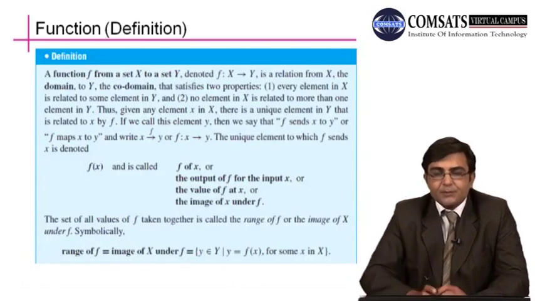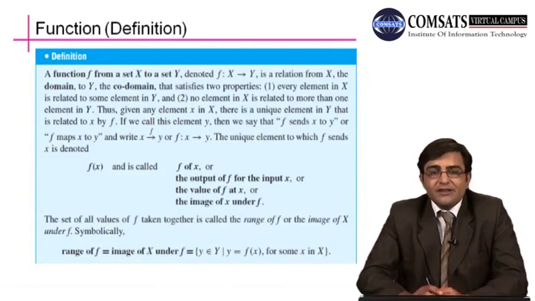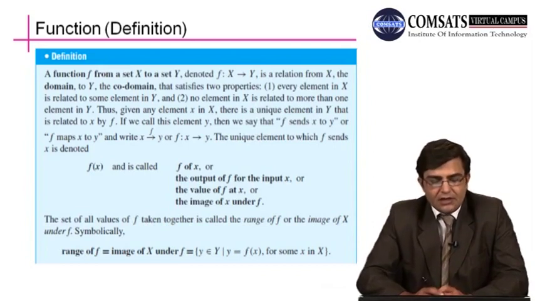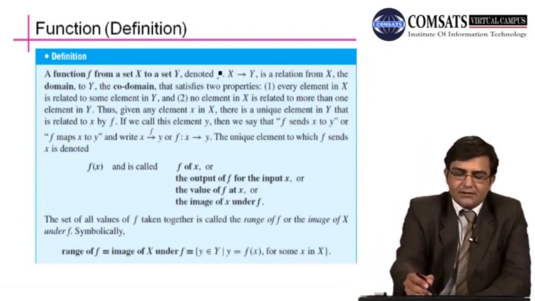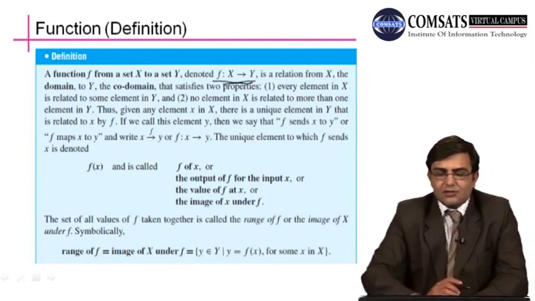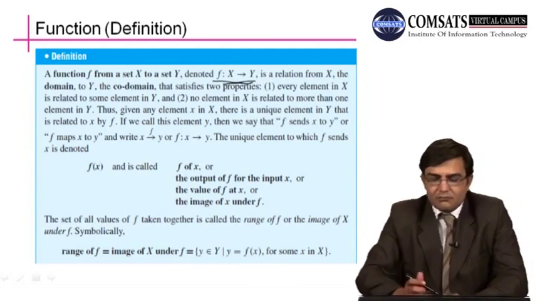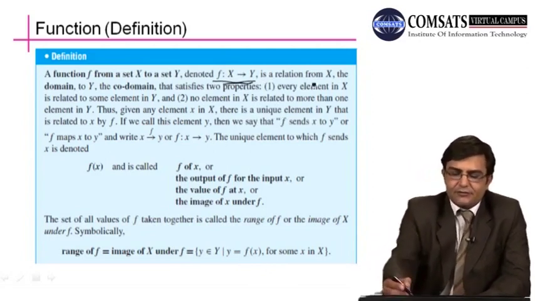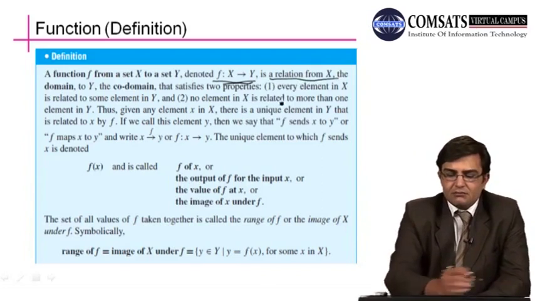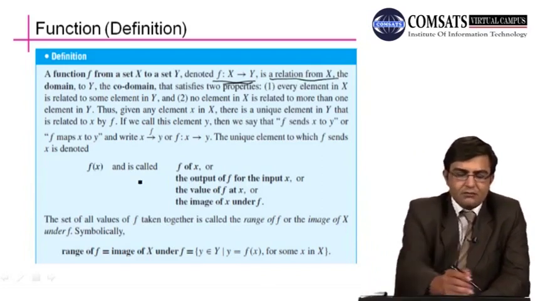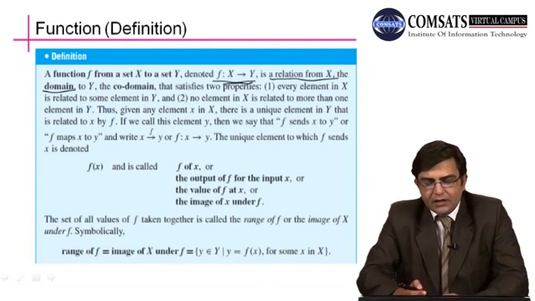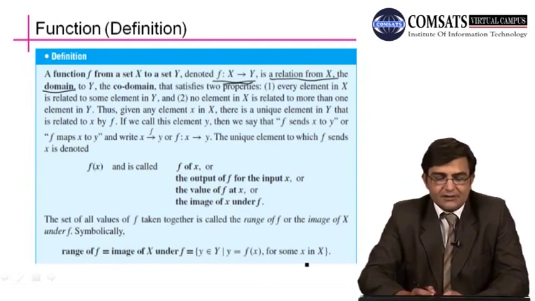Now we see the formal definition of a function and some of its notations. A function f from a set X to a set Y, we usually denote it by f from X to Y, and read it as f from X to Y. This is a relation from X, the domain, to Y, which is called the codomain. We usually say the first set of any relation is the domain.